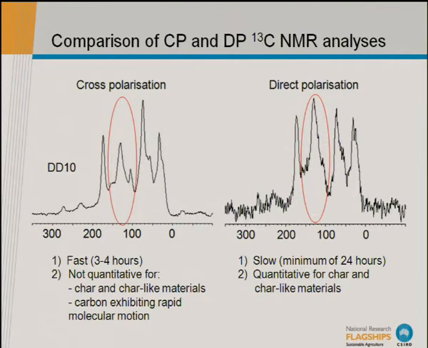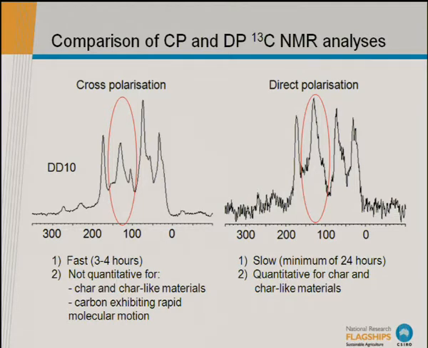How we do it, there's actually two different experiments we could run on the NMR. One is the CP, or cross-polarization, versus direct polarization. Basically, the cross-polarization technique uses the extra energy of any hydrogen atoms centered around the carbon to basically see that carbon atom more clearly. And so obviously with charcoal, there's no hydrogen around it.